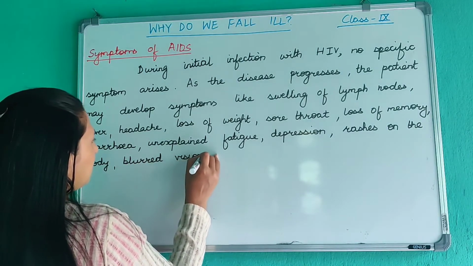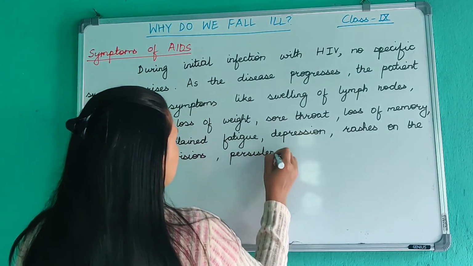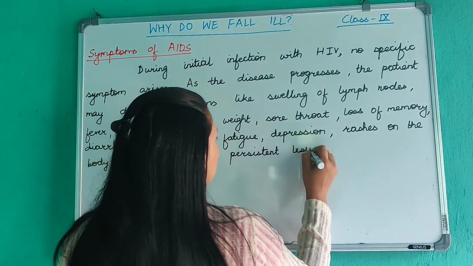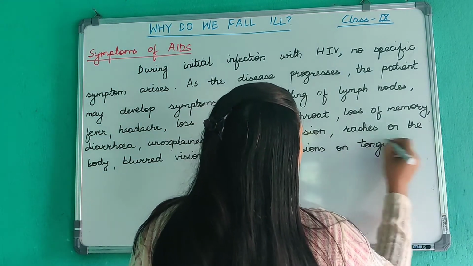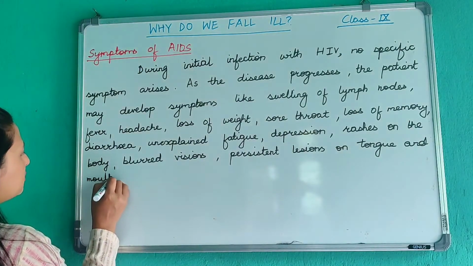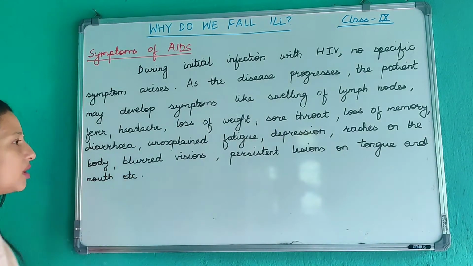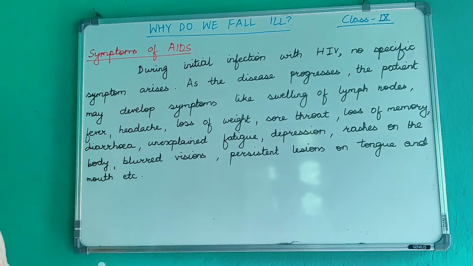Okay. Persistent lesions on tongue and mouth, etc. Lesions means sores, persistent means they do not heal quickly. Okay, continuously it remains for a long period of time.